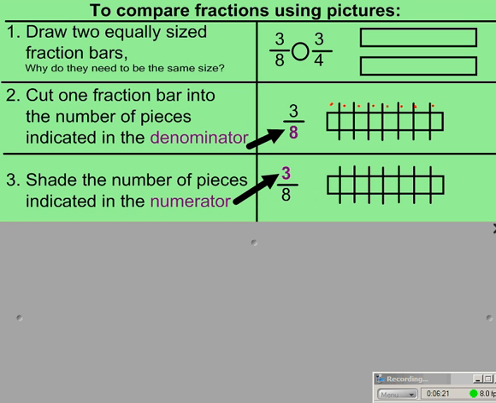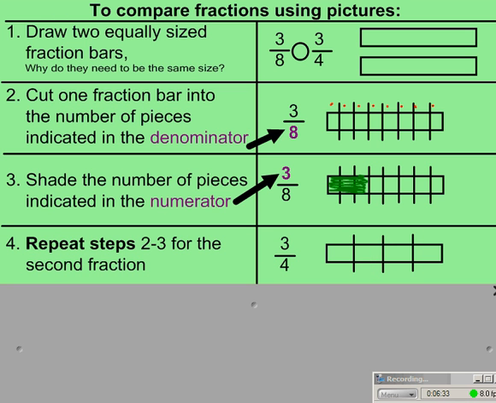We need to shade the indicated number on the top. So we will shade 3 of them. That's 3/8. All right. Now we repeat this process for the second fraction. We use the exact same size bar. We divided it into fourths.